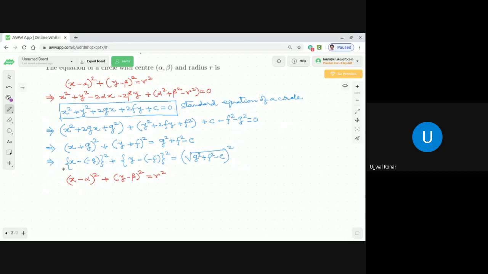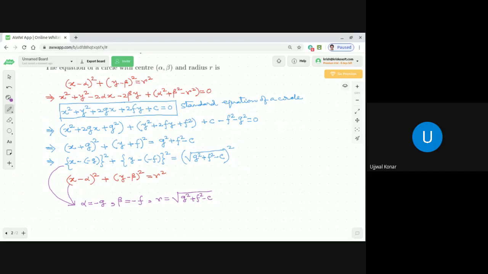We get alpha is equal to minus g, beta is equal to minus f, and r is equal to square root of g square plus f square minus c. And this is an important observation, dear students.